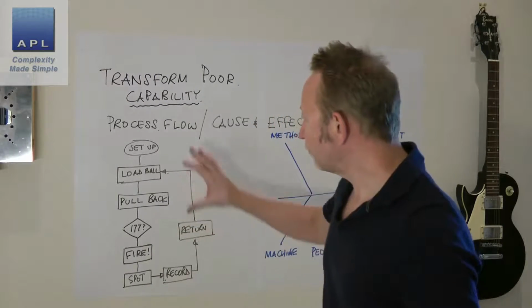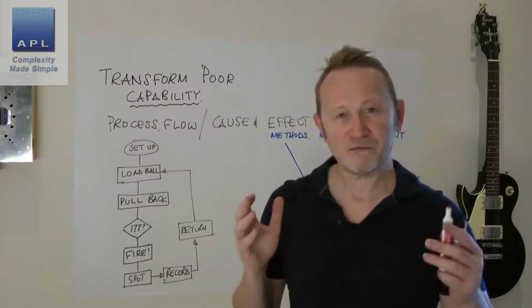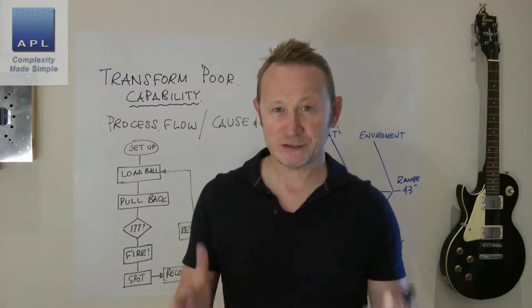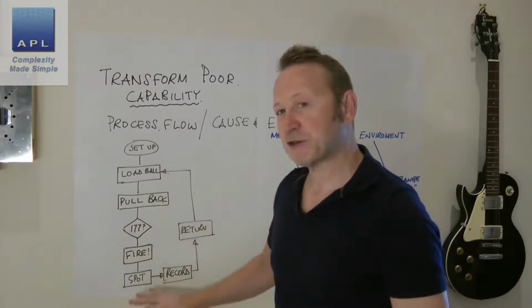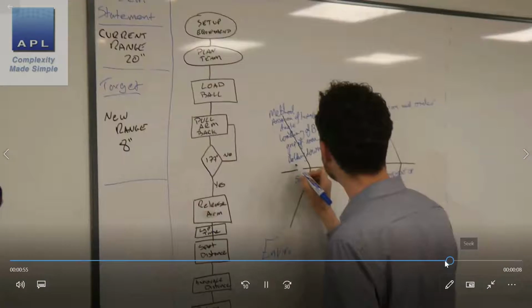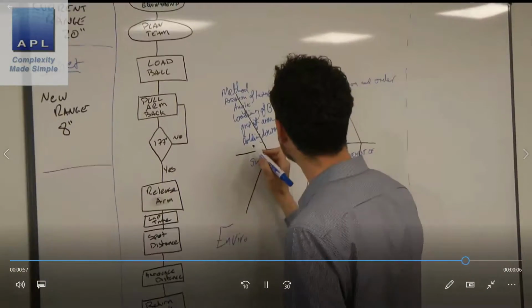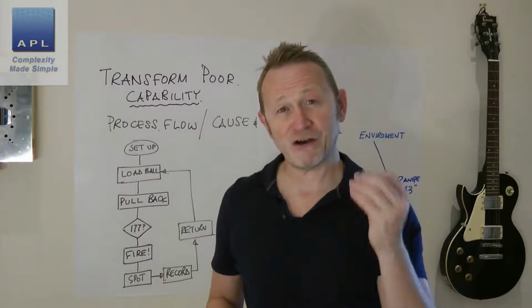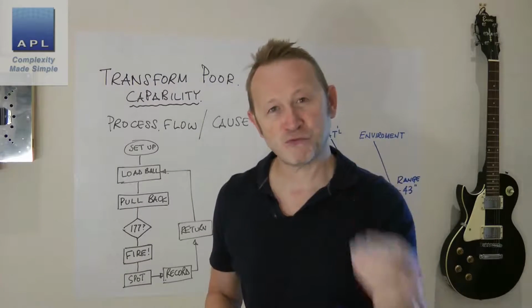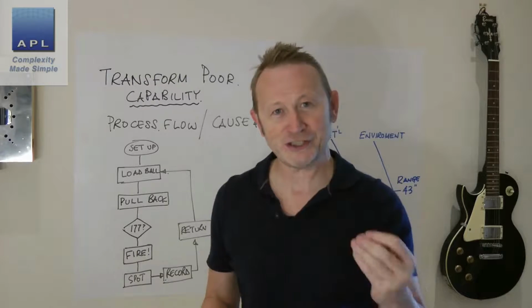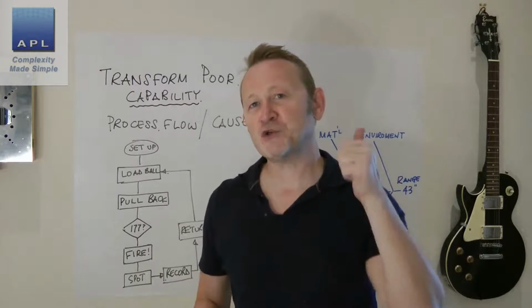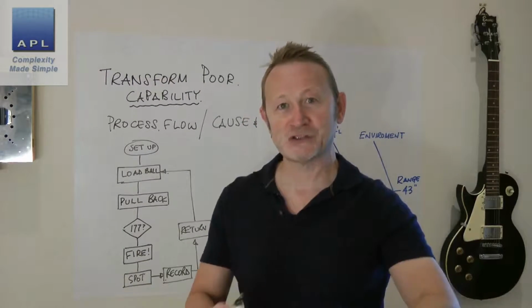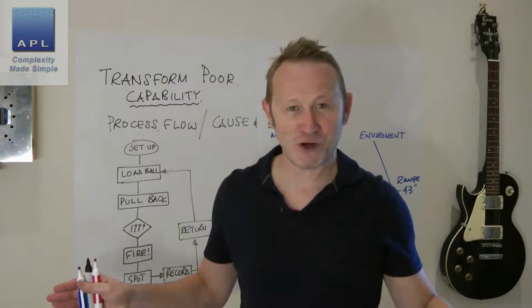Okay, I've quickly drawn a flow diagram of the process of firing the catapult. Now this is what the groups are asked to do. So this is a guide to what we're going to do next, because what we've got to find is a high definition problem definition. High definition. Just finding one thing wrong with your process is a low definition way of doing it.